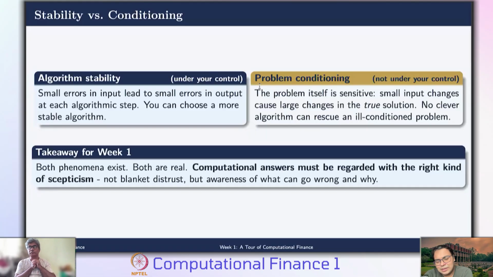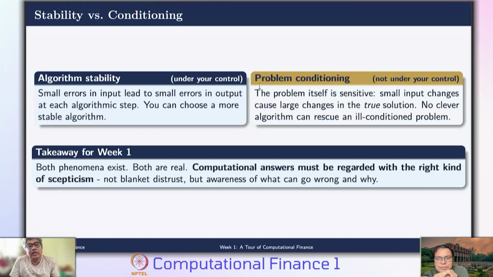So you mentioned that this was a different kind of issue. What exactly is fundamentally the difference? I see here you have highlighted one as algorithmic stability issues and the other as problem conditioning issues. What are the differences you would say? The algorithmic stability is under our control. We can fix it to an extent.